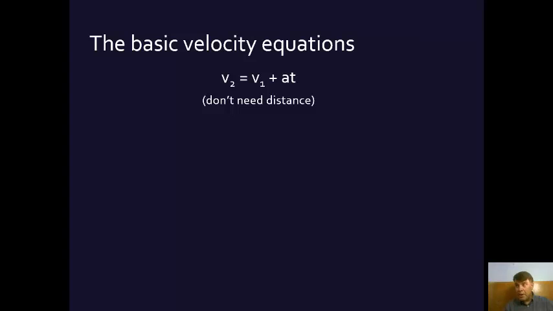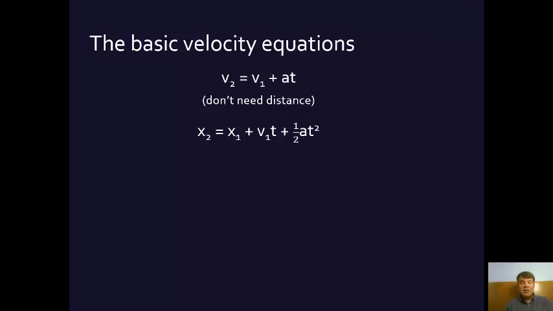So if you have some of the variables but not all of them, you just pick whichever equation has the variables that you actually have the information about. So this is the equation you would use if you don't know the distance that was covered, but you do know the starting velocity, the acceleration, and the amount of time. So that's very standard. v2 equals v1 plus at. That is probably the first physics motion equation that you should learn.